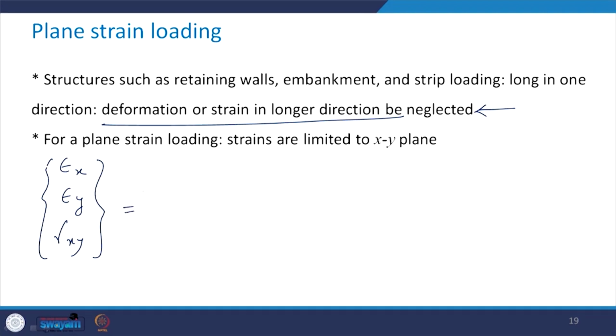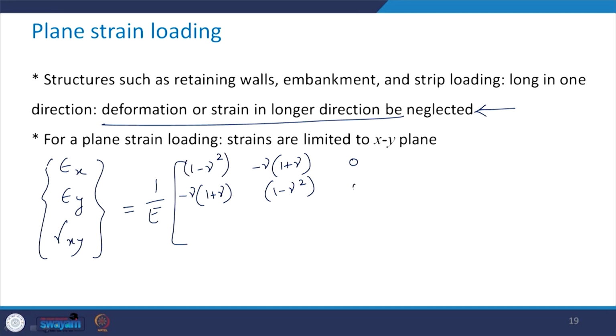This is going to be equal to 1 upon E times the matrix: 1 minus nu square, minus nu into 1 plus nu, 0; then minus nu into 1 plus nu, 1 minus nu square, 0; then 0, 0, 2 into 1 plus nu.